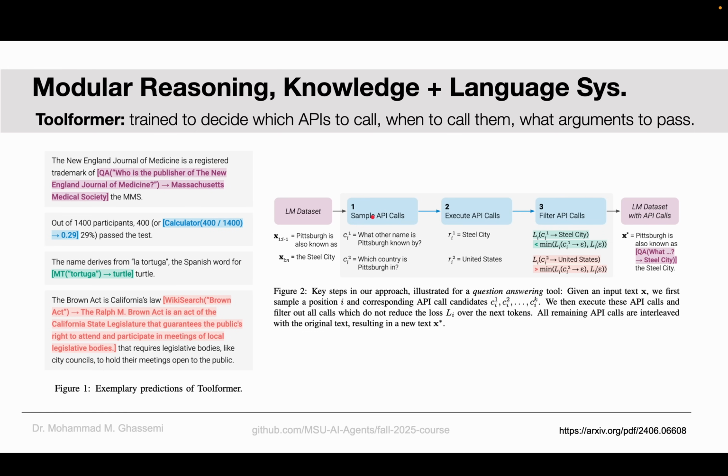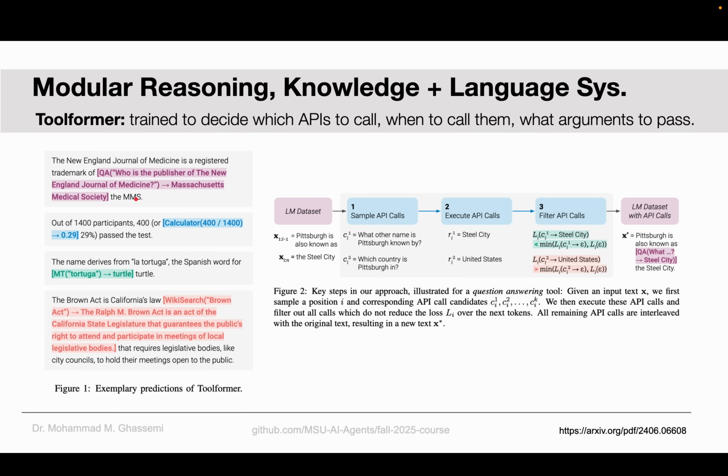And then they figured out how close the response of the API was to the authoritative text that we trained on. So how close was the response Massachusetts Medical Society to the MMS?